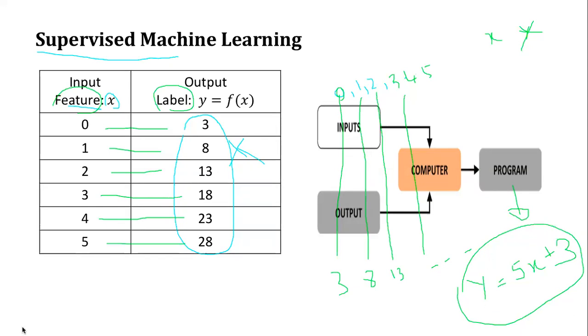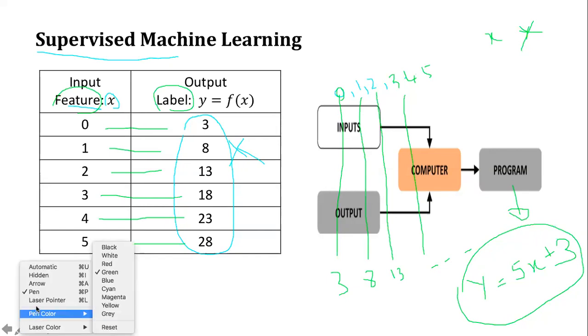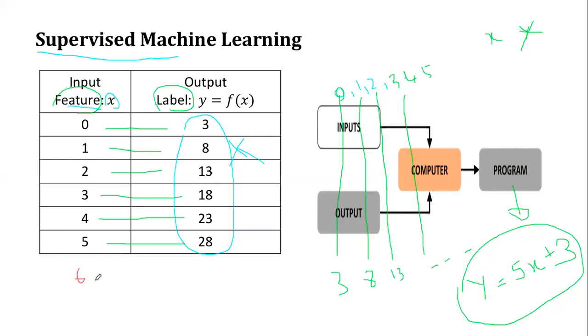So then what we do, we tell the computer, if it is 6, what is the value? Now the computer knows the relationship, so it can find the value, 33. So this is what we mean by supervised learning.